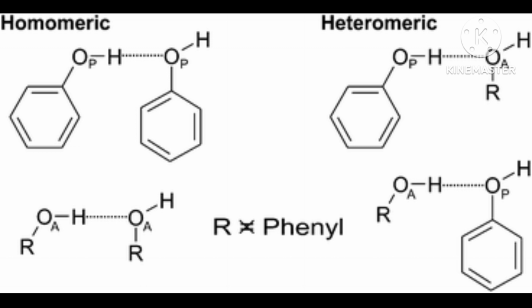Now, solubility. Again, this hydrogen bonding is responsible. Solubility of alcohols and phenols in water is due to their ability to form hydrogen bonds with water molecules. The solubility decreases with an increase in the size of alkyl or aryl, hydrophobic groups.